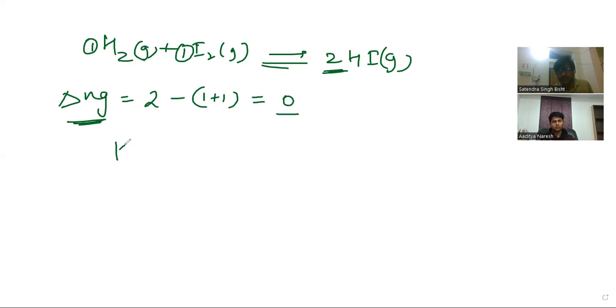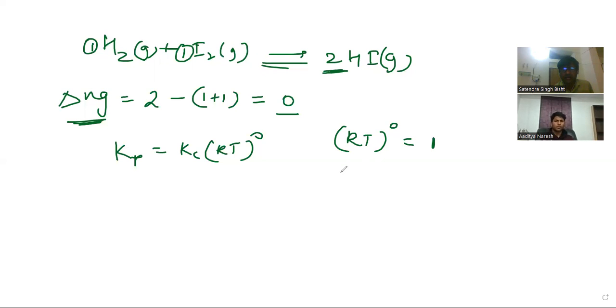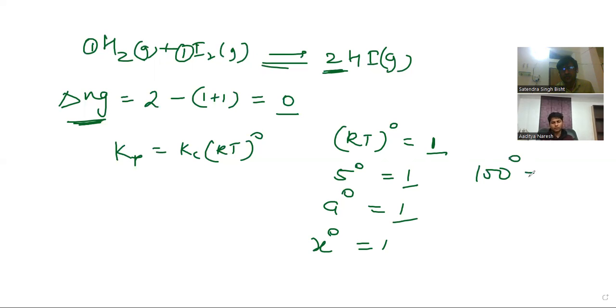And you know that if the power is 0, then RT raised to the power 0 is 1. Any number, like x or 100, raised to the power 0 means the answer is 1.